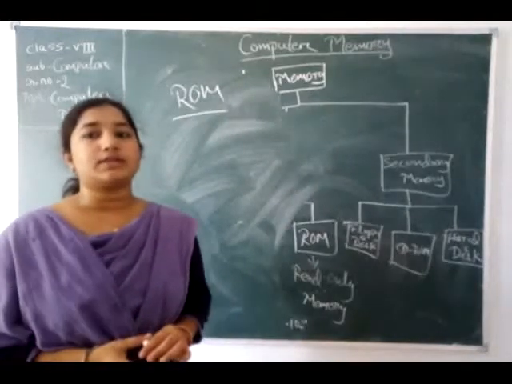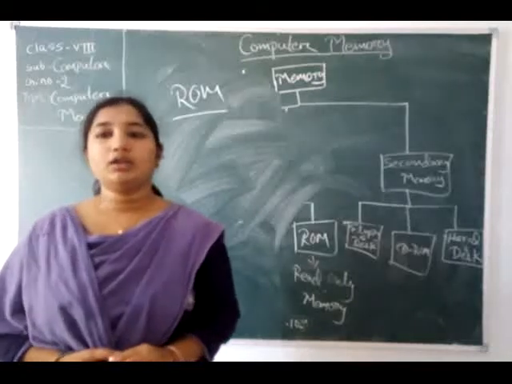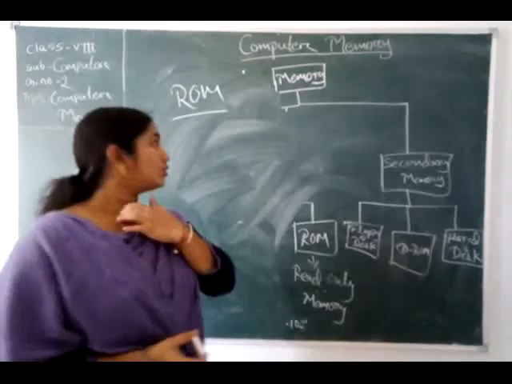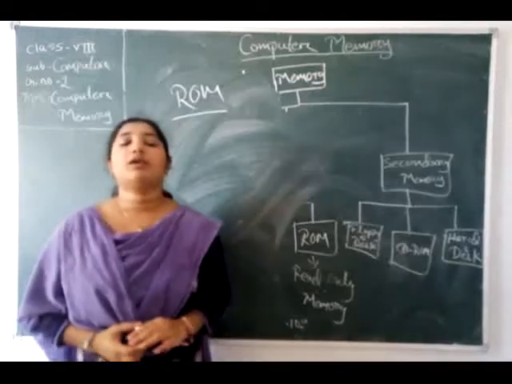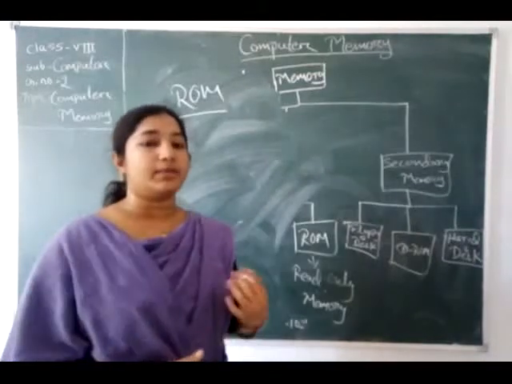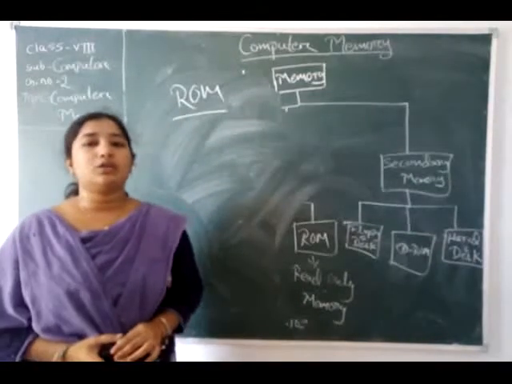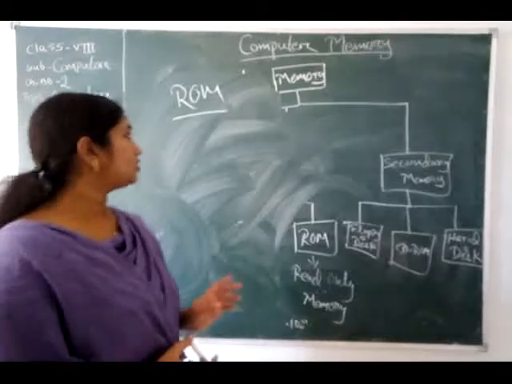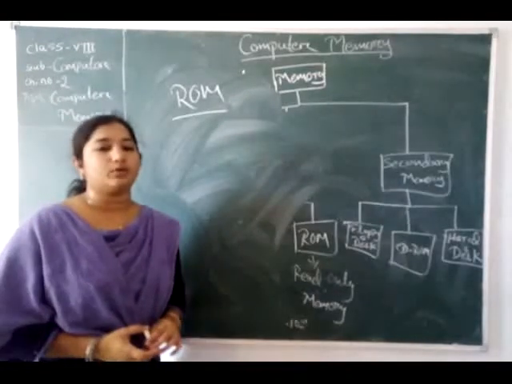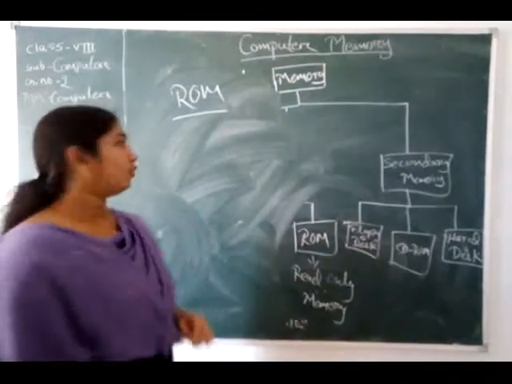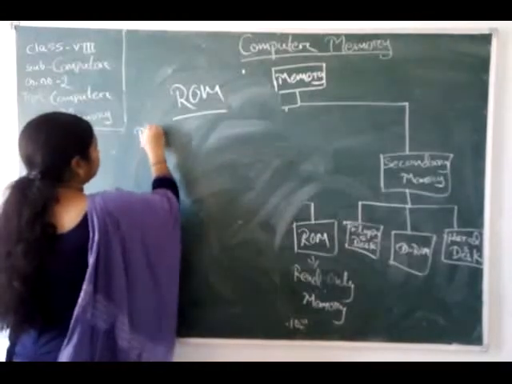So ROM chips are cost effective and use less power. We are using ROM because it is cost effective, means it is not very expensive, and it consumes less power. There are some common types of ROM. First one is PROM.